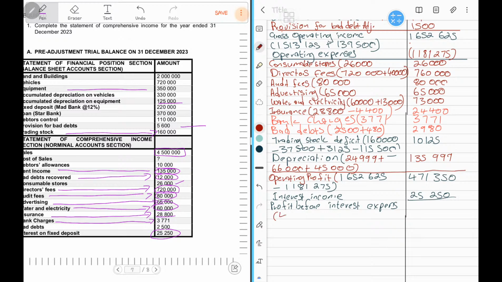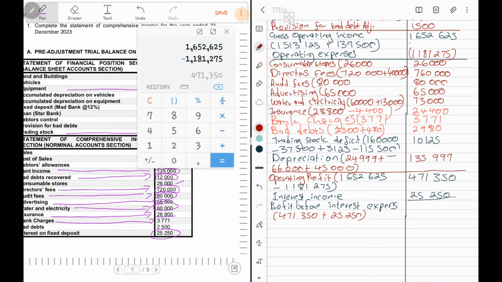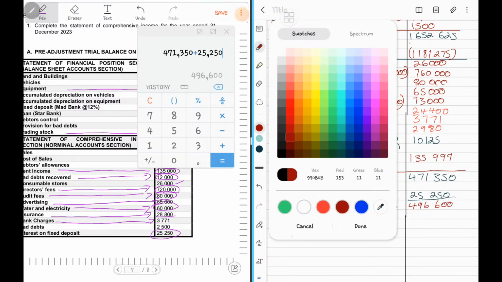So we add operating profit 471,350 with 25,250. That gives us how much? 496,600.